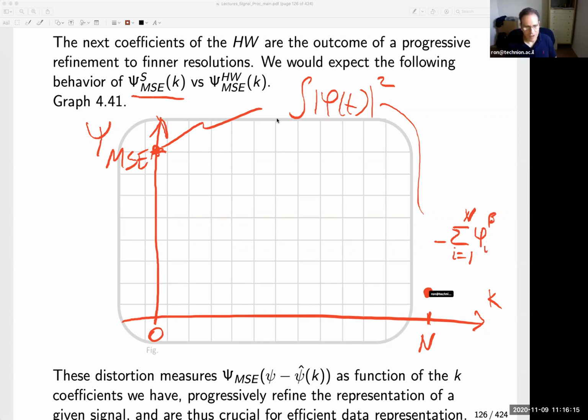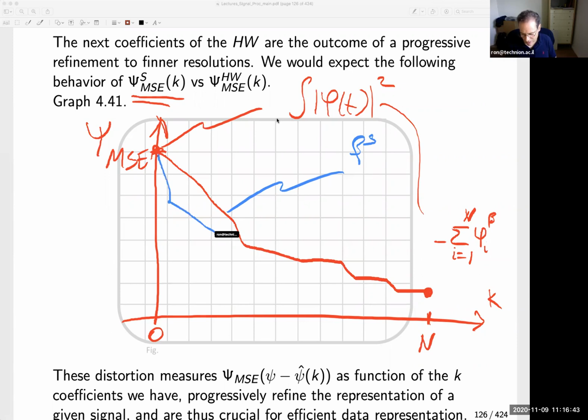But for the standard basis, it would go like that. It would go like a function that goes like that. So this is the standard basis, this is beta s. For the Walsh-Hadamard, what we get is something that probably goes like that. First of all, the biggest decrease would be here, because we are choosing the constant in order to represent my whole signal.